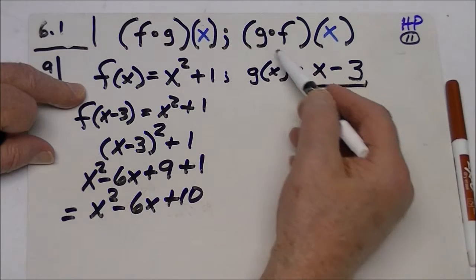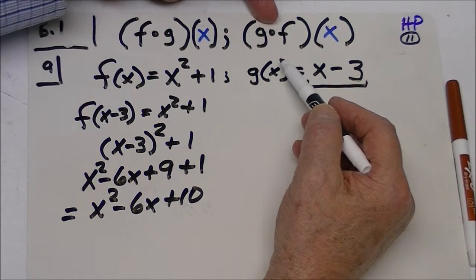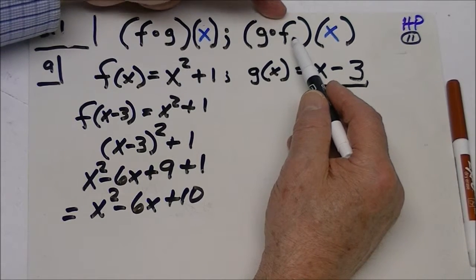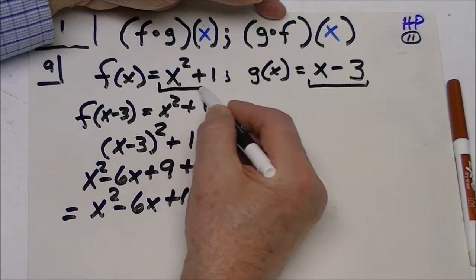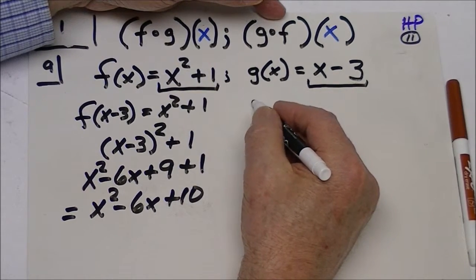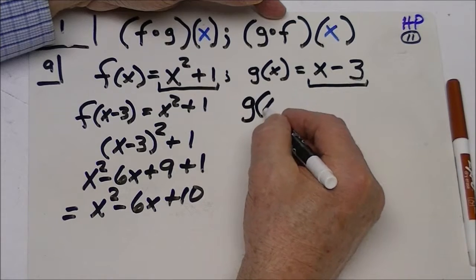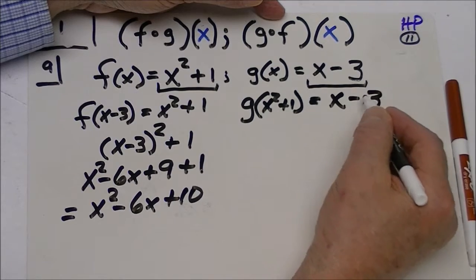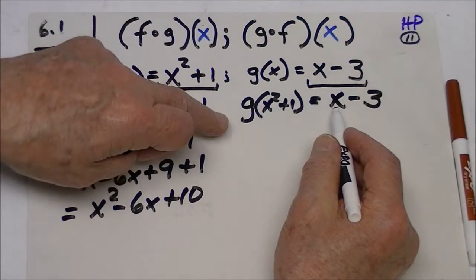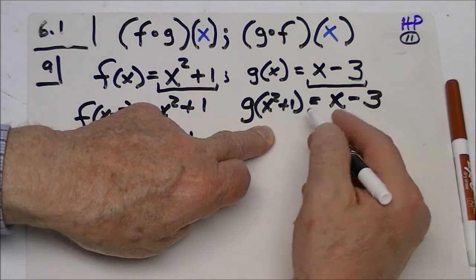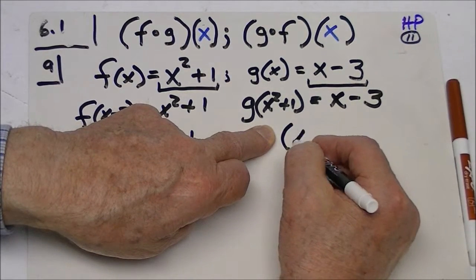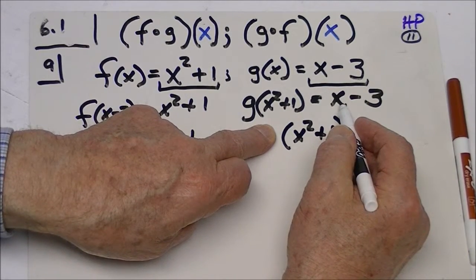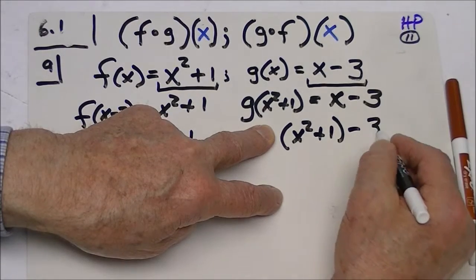Now how about if we do it the other way? g composed of f. Well, what is our x value there? Well, our x value there is this. So we can set it up. g of x squared plus 1 equals x minus 3. So we say our x value is replaced by this. So in parentheses, x squared plus 1, that's our x value, now minus 3.